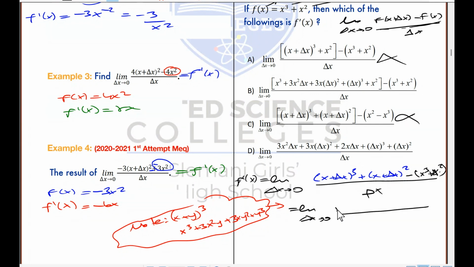Plus 3x squared delta x plus 3x delta x squared plus delta x cubed plus, I cannot fit in here. Let me rewrite this. Okay, let me clear this too and start from the most left.